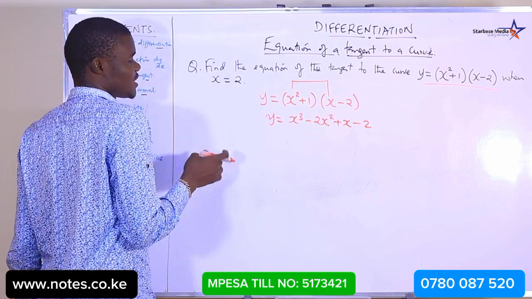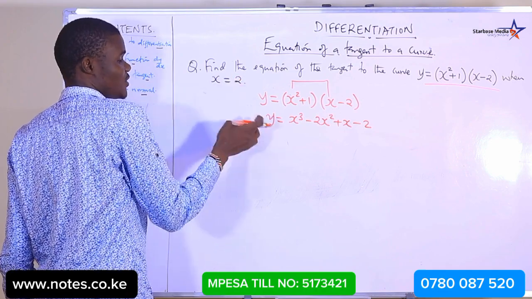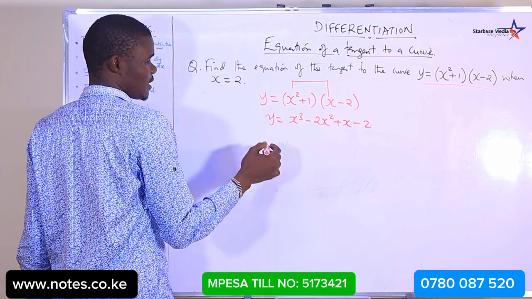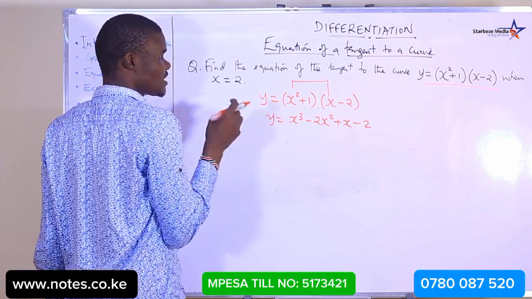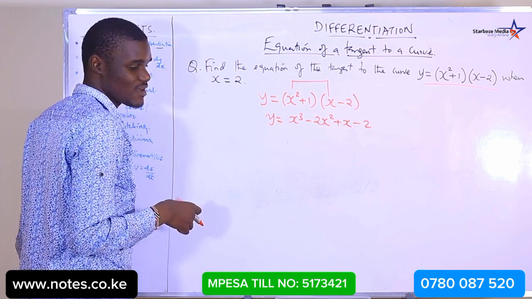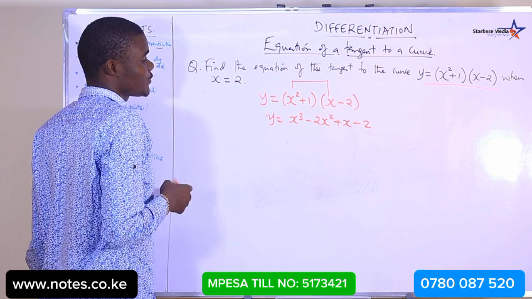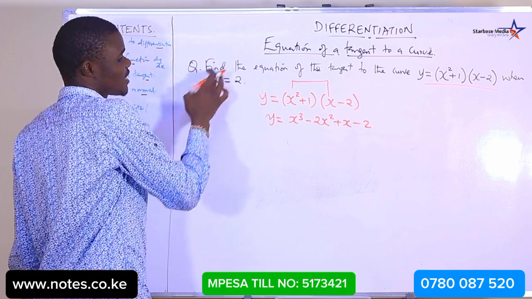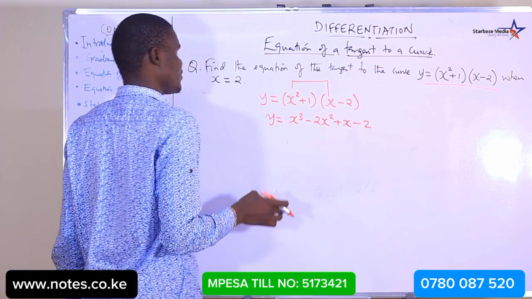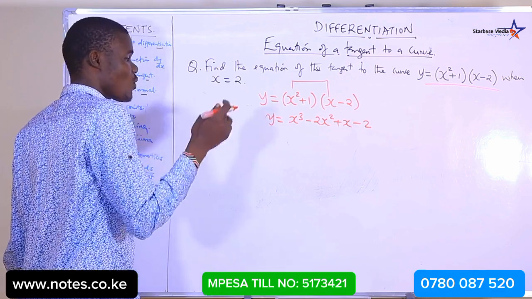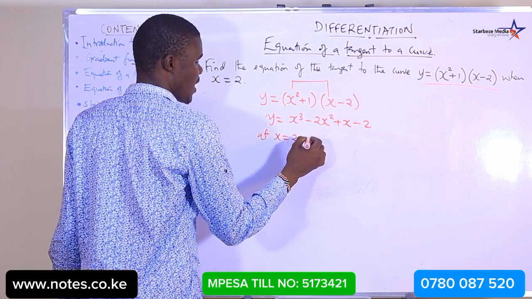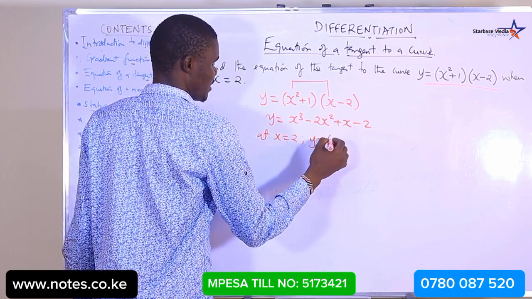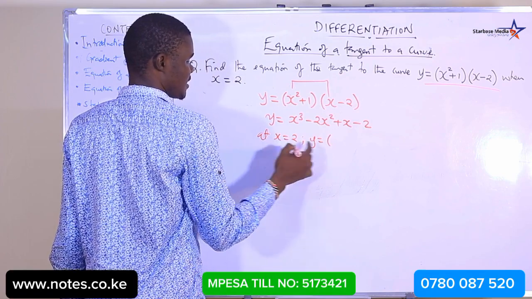So we've already expanded. If we wanted to get the value of y, we just replace here. Because for us to form an equation of a line, we must have the point x, y. So when we are only given x, we can replace in the equation in order to get the value of y. So at x equals 2, everywhere you see x, you put 2.